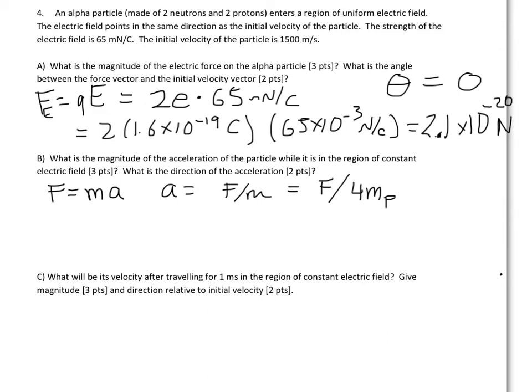Since we're only doing this problem to 2 significant figures, we're going to just use the proton mass. So the acceleration will just be the force which we just calculated, and I'll take my force out to 3 sig figs just for this interim calculation, and divide it by 4 times the mass to 3 sig figs of the proton and neutron.